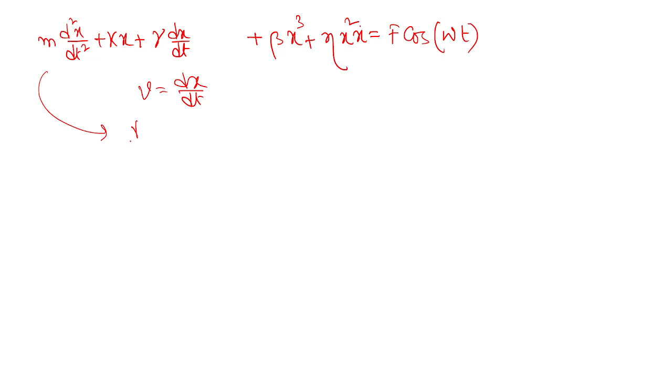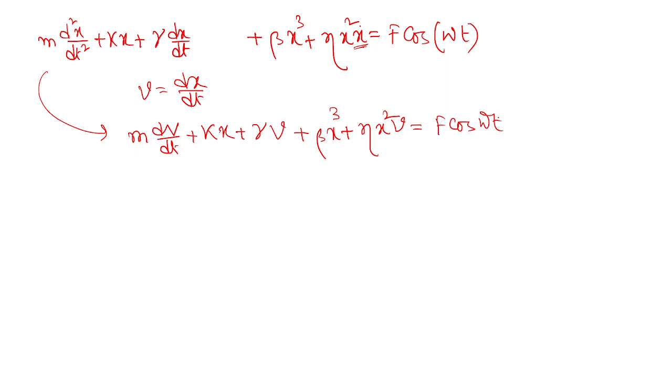From equation 1 we get m dv/dt plus kx plus gamma v plus beta x cube plus eta x square, and this is x dot, so we can write this as v, and here we have f cosine of omega t.